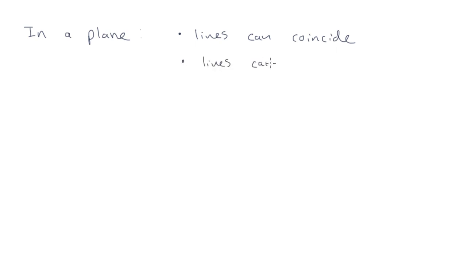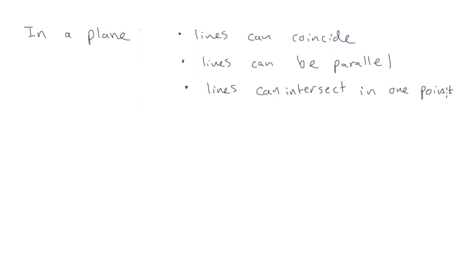Lines can be parallel and not coincide, meaning they have the same slope but different y-intercepts. And then if they don't coincide and they're not parallel, lines can intersect in exactly 1 point. So those are sort of our conditions for a line.